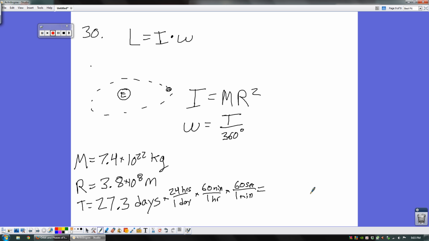So I can find out how many seconds there are in the lunar period. 27.3 times 24 times 60 times 60 equals 2.36 times 10 to the 6 seconds.